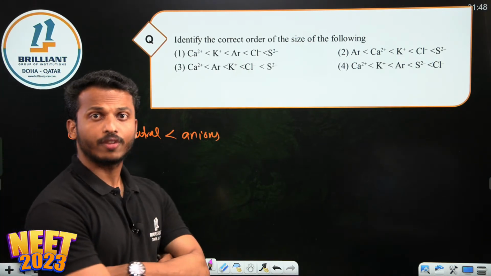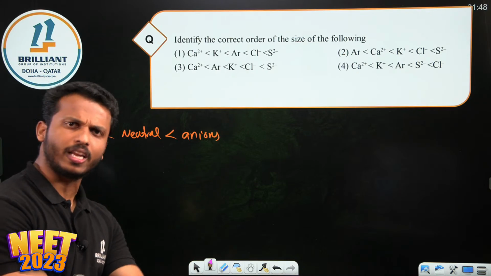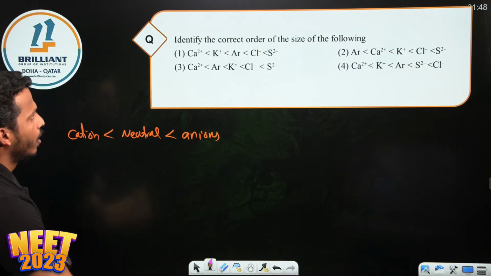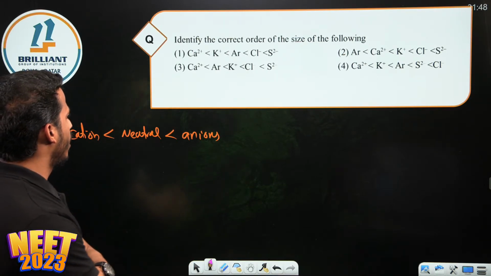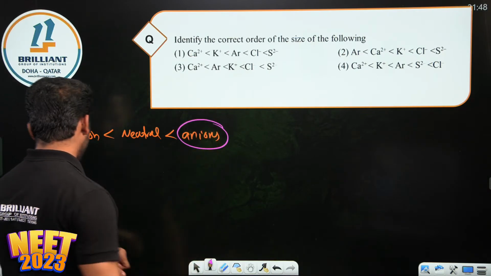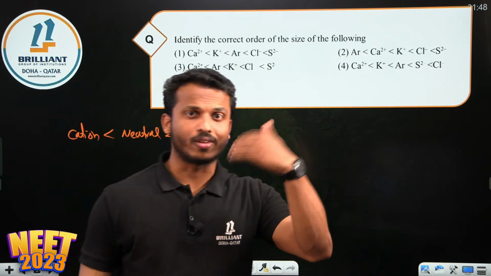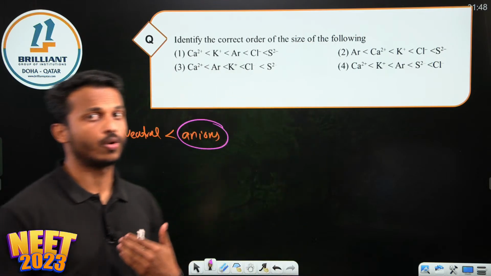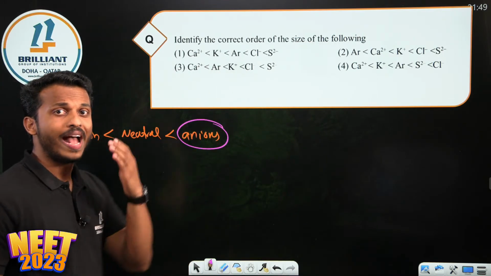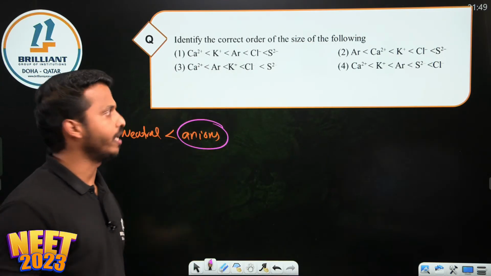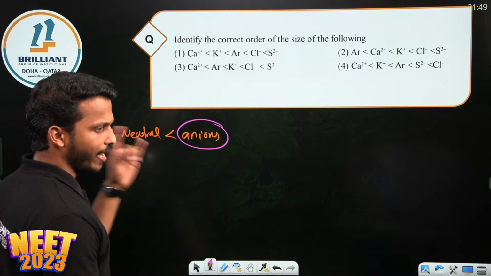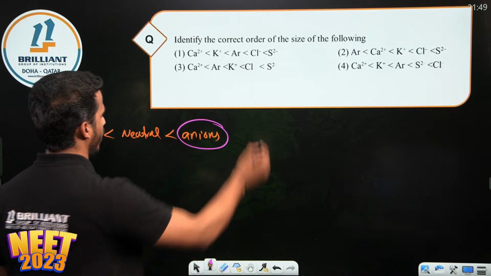This is a question from the classification of elements chapter, an easy one. Dear all, which one? Among anions, I told you, as the charge of the anion increases, their size also increases. But in cations, as charge increases, size decreases. So dear all, which one? S2 minus is greater, yes.